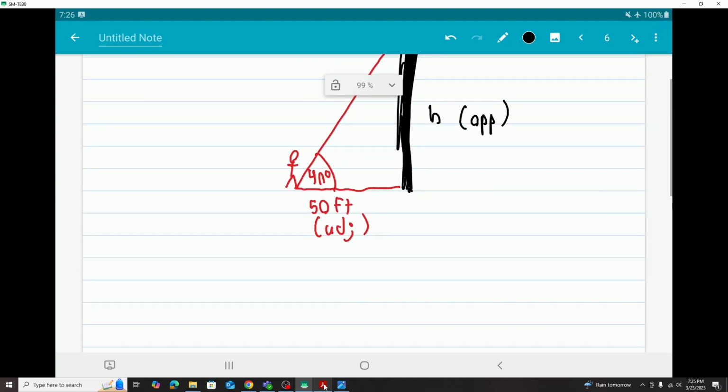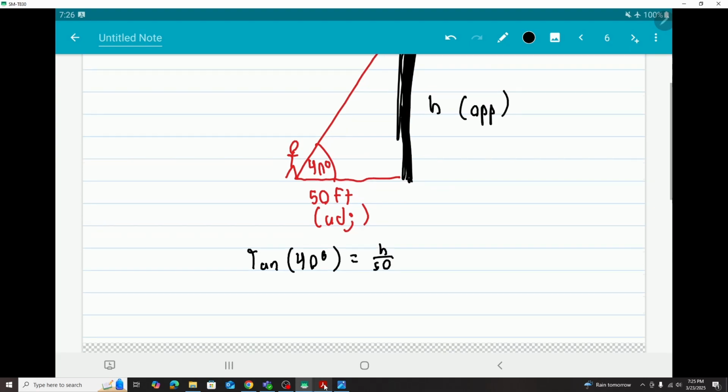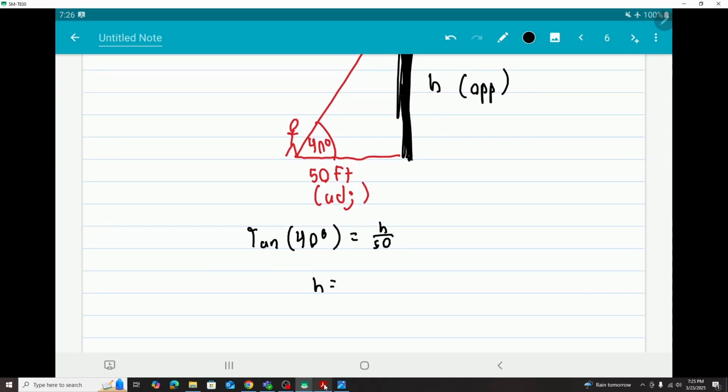I can say the tangent of 40 degrees, I know what the angle is, is equal to the opposite, which is h, over 50. So then h is 50 times the tangent of 40 degrees. So we need to put this into a calculator. The biggest thing that you might mess up, the biggest thing that you might have problems with, is to make sure your calculator is in degree mode.